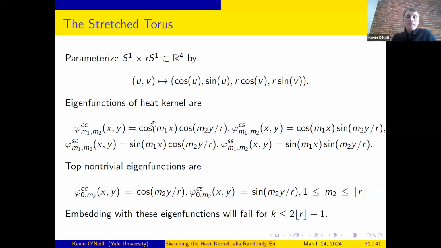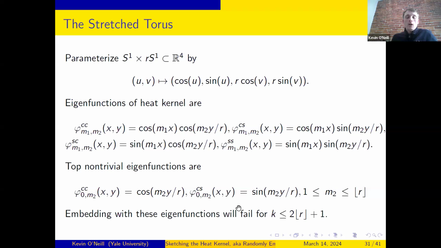So for the first copy of S1, we're going to have cosine of x for x whatever point we have in S1. For the copy of rS1, we're going to be able to go to lower frequencies to stretch out our sines and cosines along a bigger circle. So we have to divide by r here. And then we go through, we look at all the eigenvalues, and we see the top non-trivial eigenfunctions, the ones with the lowest values, they end up being these ones.